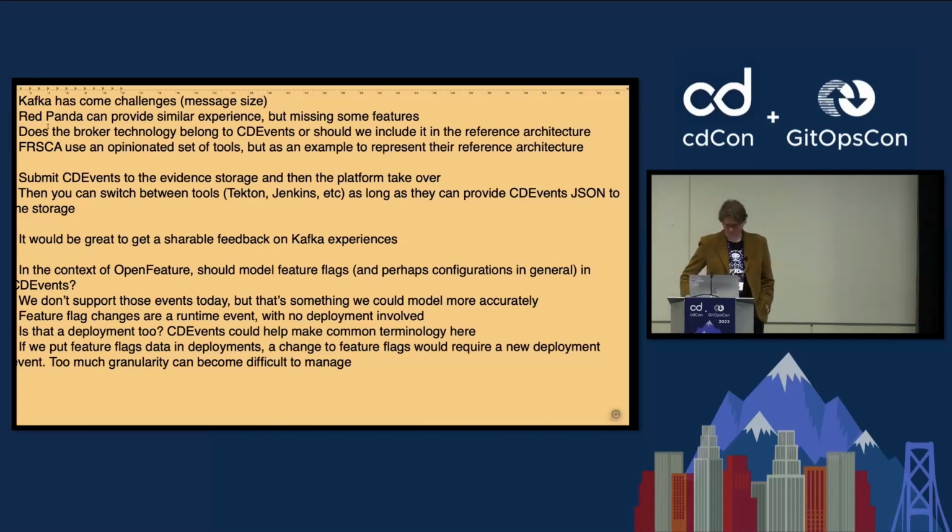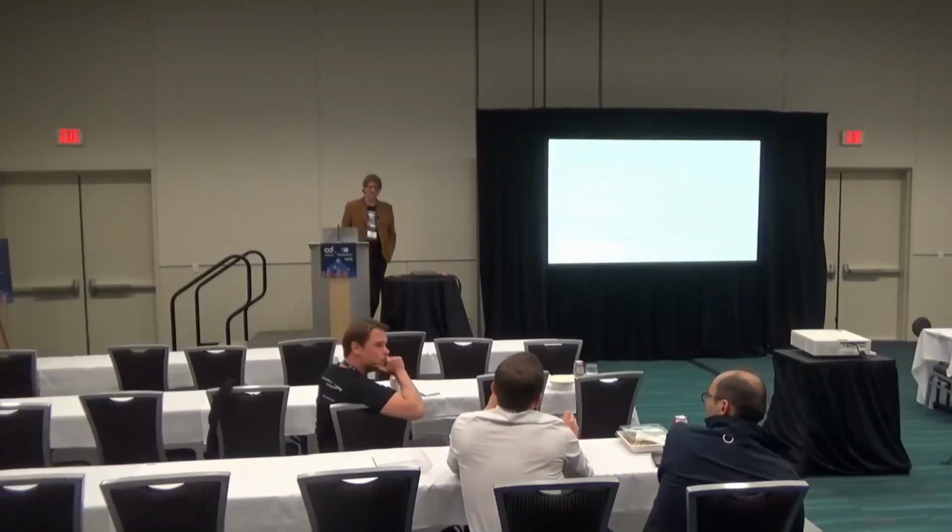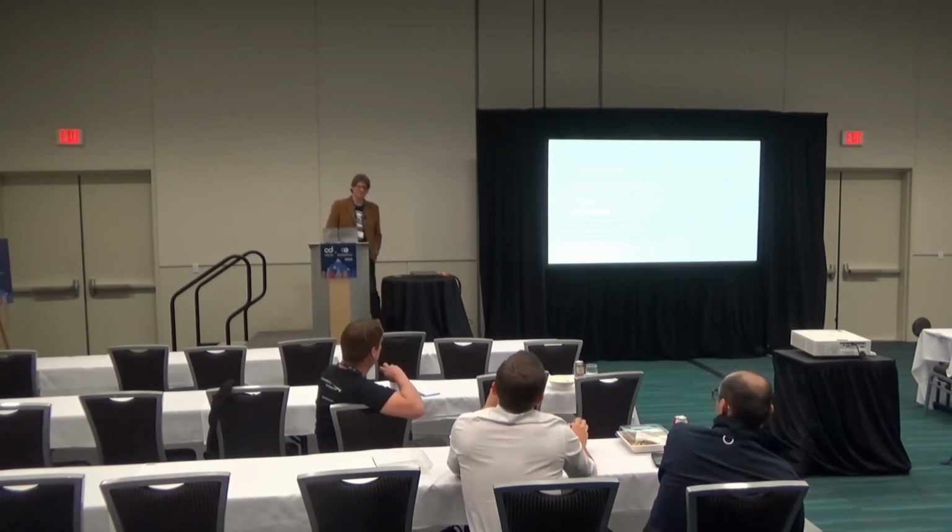Cool. So I have a question, Andrea, just thinking from the Python SDK, how do we get this into something like AWS CodePipeline? How do we work with these cloud providers to really bake in CD events? That's a great question. Anyone got an answer?